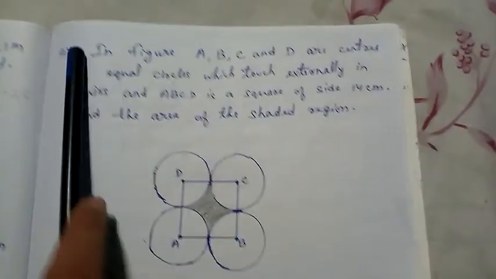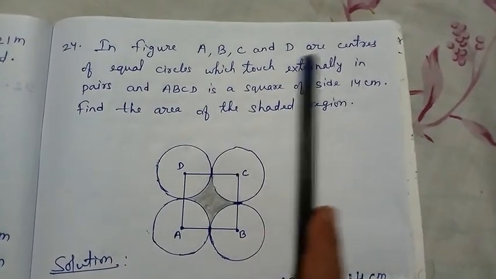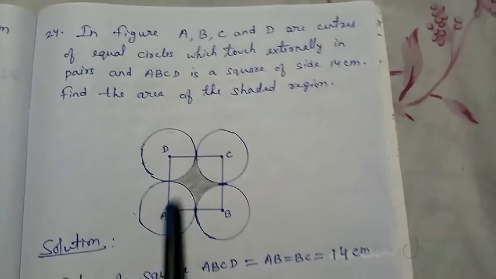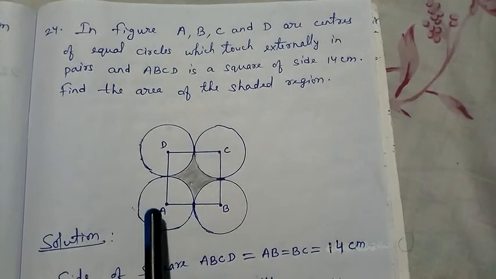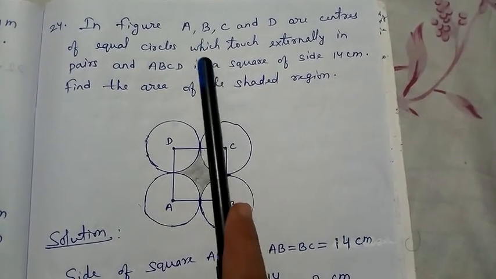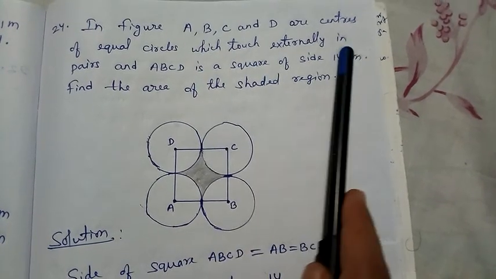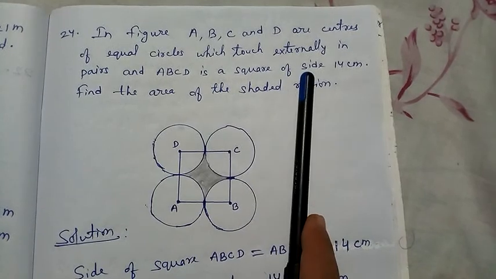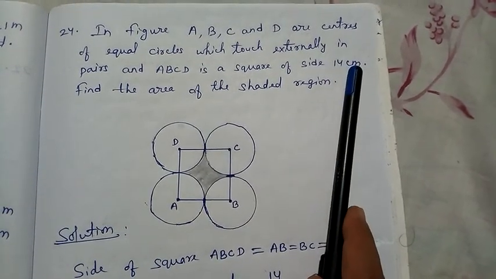Last question. In the figure, A, B, C, D are the centers of equal circles. So there are 4 circles, and the centers of the 4 circles are A, B, C, D respectively, which touch externally in pairs, and ABCD is a square of side 14 centimeter.